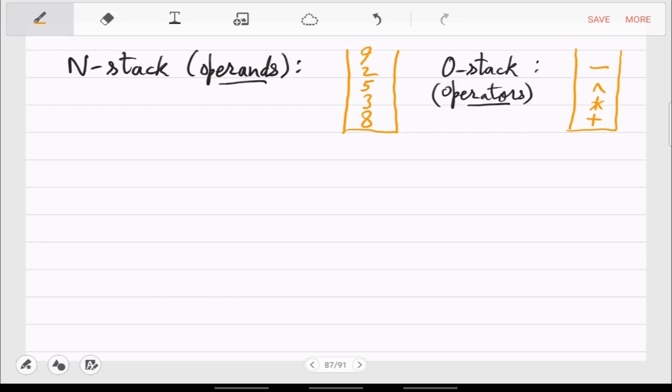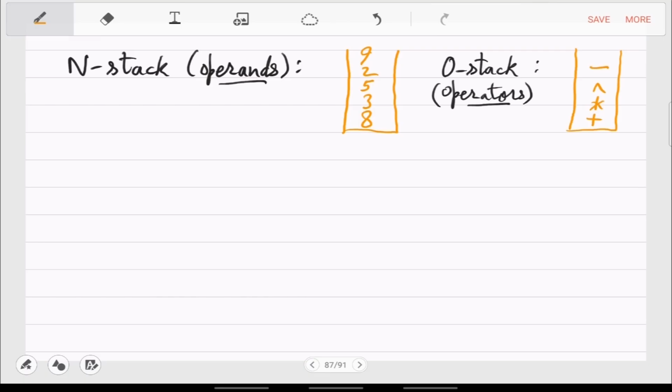When you are pushing in the O stack, plus, star, wedge and minus, you will know that now wedge is a local maxima in the O stack. So that is what has to be calculated first, immediately. At that point you have to find out what the inputs of wedge are. In the pseudocode you will have the order, so you will now know that the inputs are 2 and 5.